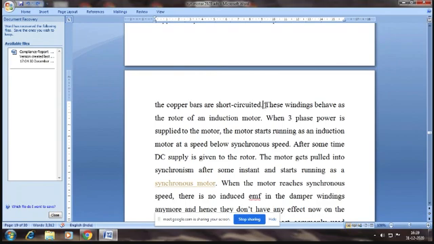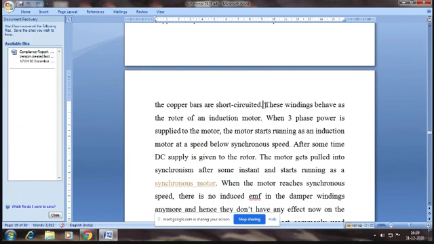For that purpose, the copper bars are short circuited. So that means the rotor circuit is closed, the rotor field is established, and then the two fields interact with each other, constituting a torque that will rotate the rotor. And that's how the induction motor operates. Is it clear?